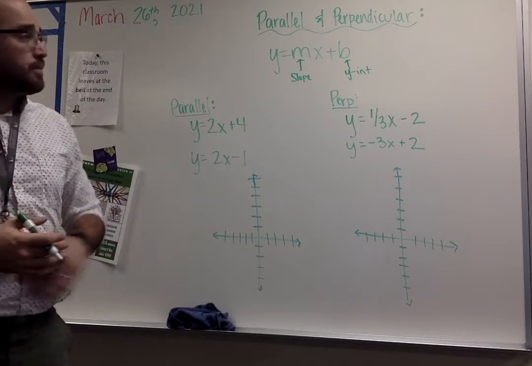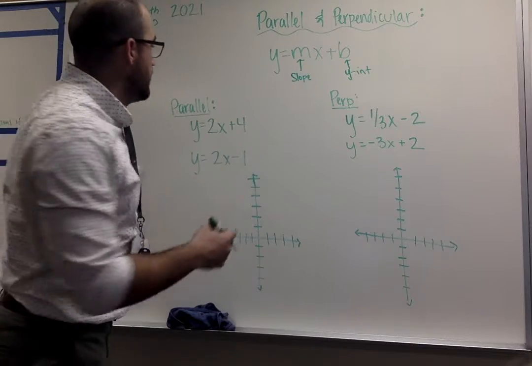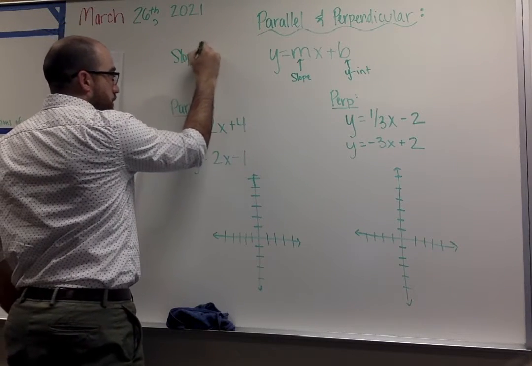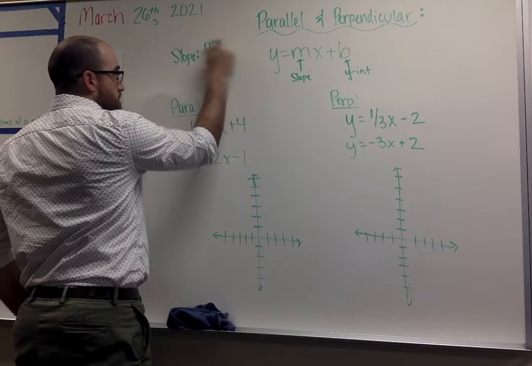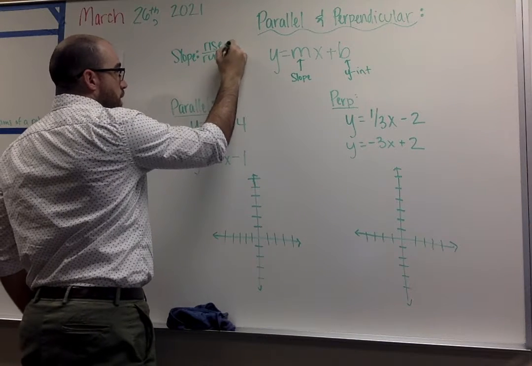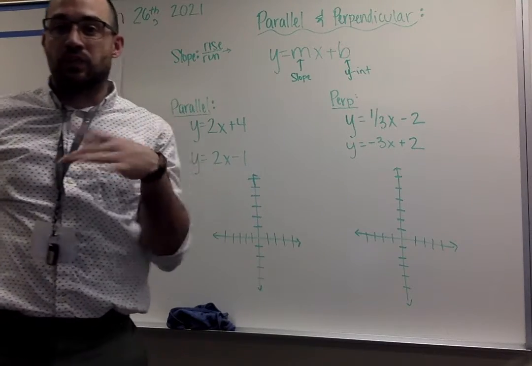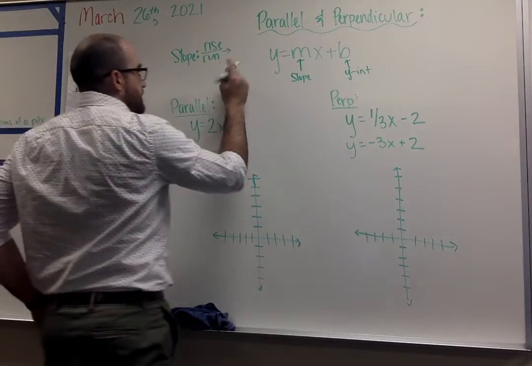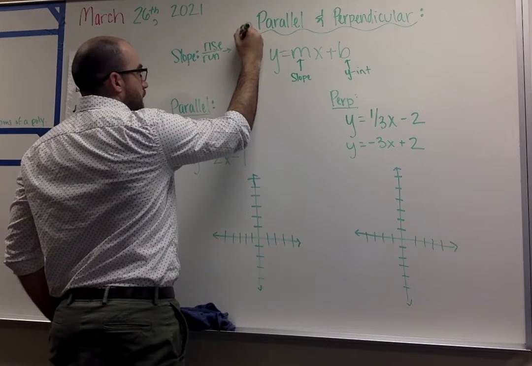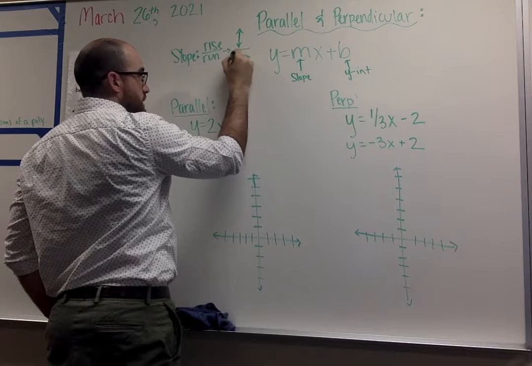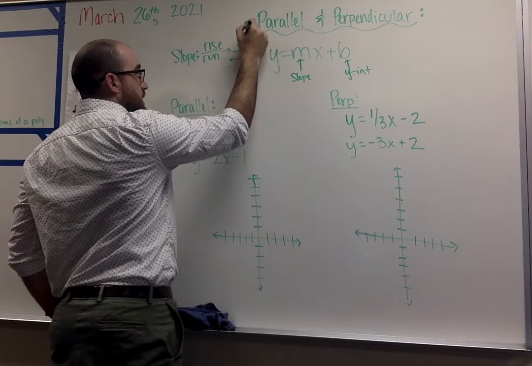Those are the two key things as we deal with our graphs and as we deal with parallel and perpendicular. Okay, our slope, quick reminder we talked about in class today: a lot of people have heard it as rise over run. What I also like to talk about is up and down over left and right. It might seem kind of silly or simple, but that way I can also put the positives and negatives where they go.